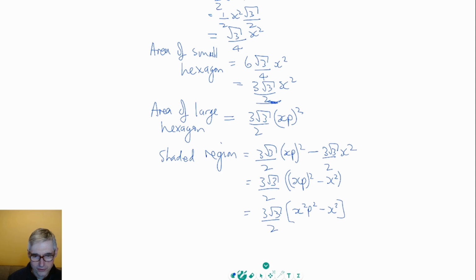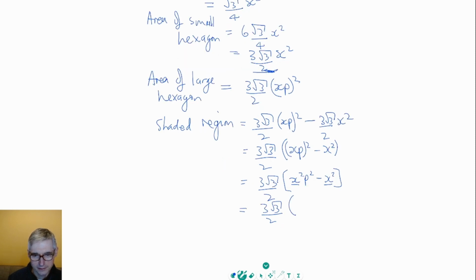I can see a common factor of x squared, so I take that out. That gives 3 root 3 over 2 times p squared minus 1, times x squared. And we've done it, that's as it was required.